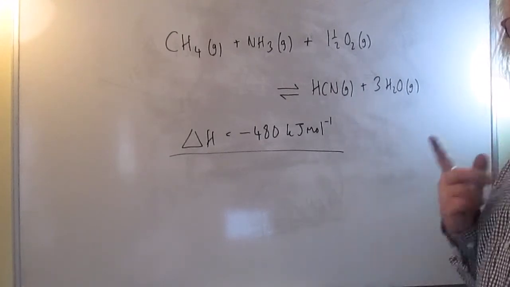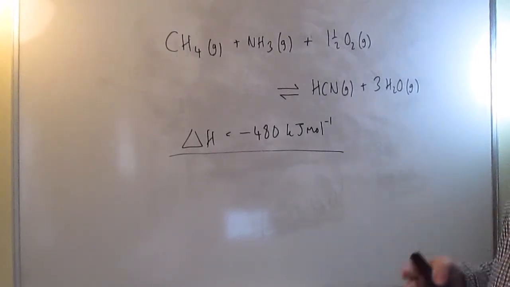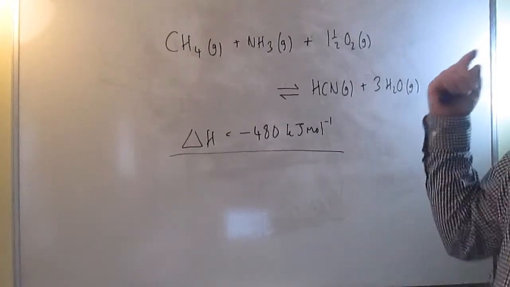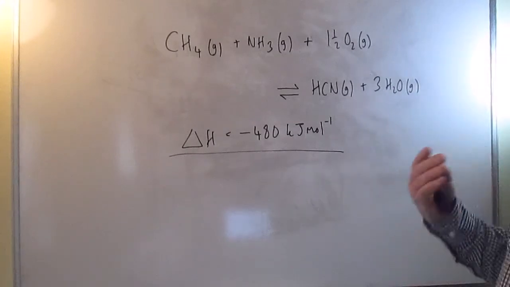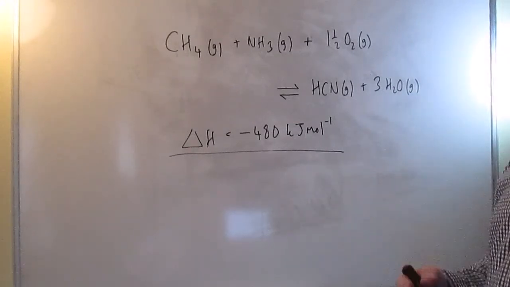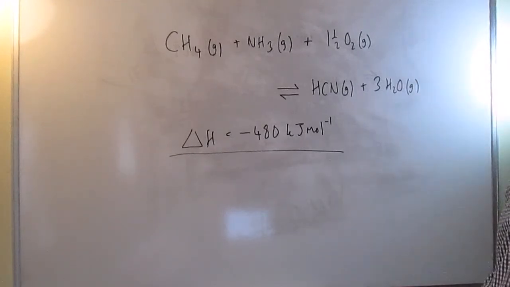Using a catalyst, key thing to remember about catalysts is that they don't affect anything to do with equilibrium. They don't affect delta H, they don't affect the position of equilibrium, because they increase the rate of the forward direction, but they also increase the rate of the back direction by the same factor, and so you just end up going around in circles quicker, but you don't shift the position of equilibrium.